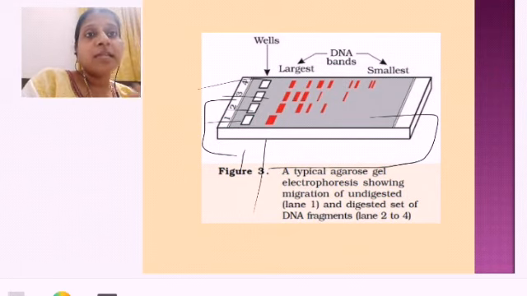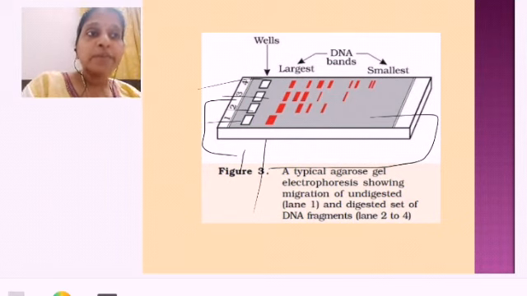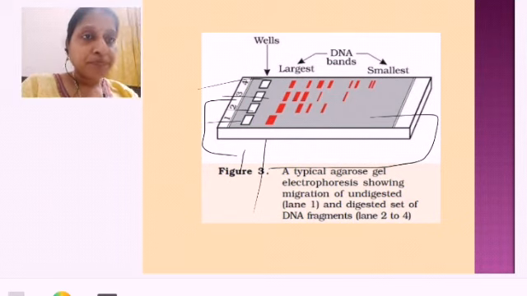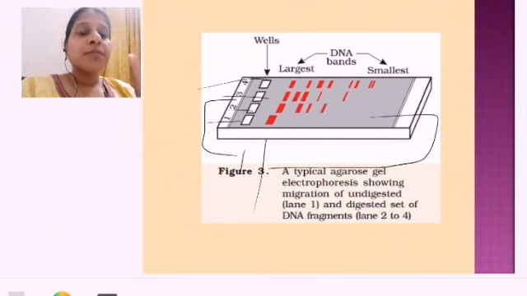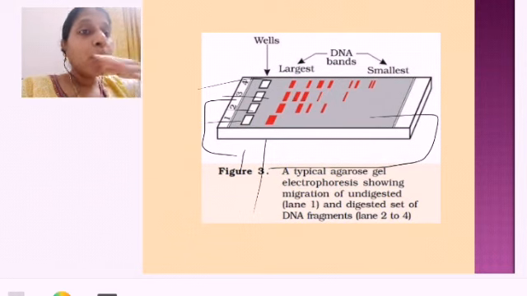These negatively charged DNA fragments will move when connected to electricity. The fragments present in the first, second, third and fourth wells, on passing electricity, will start moving on the agarose gel towards the positive electrode.